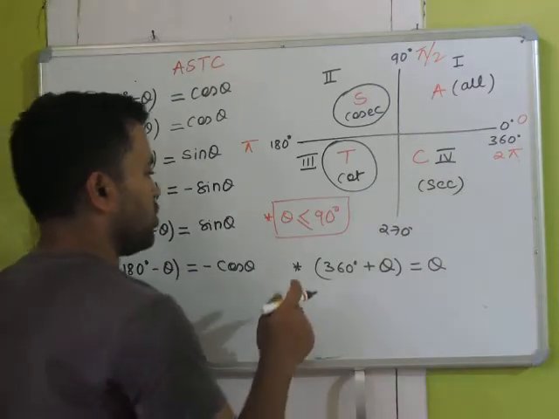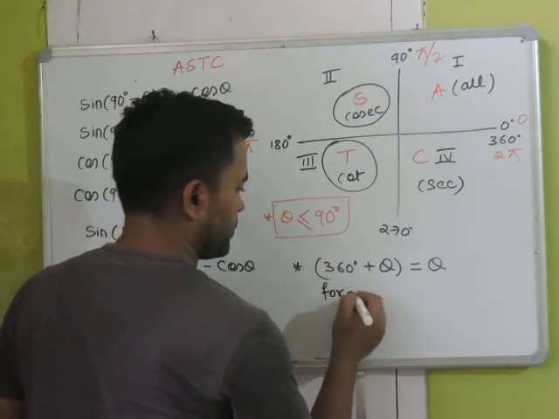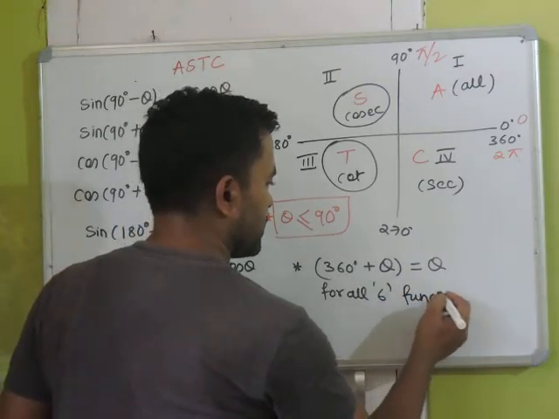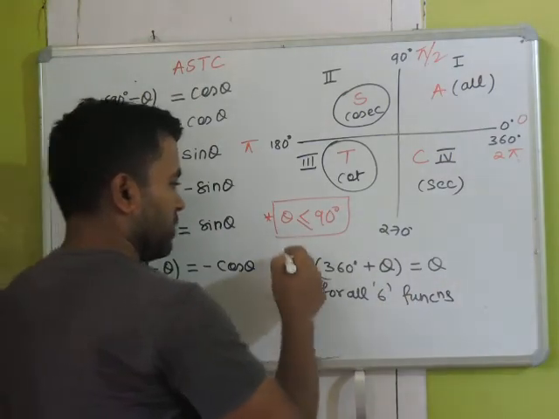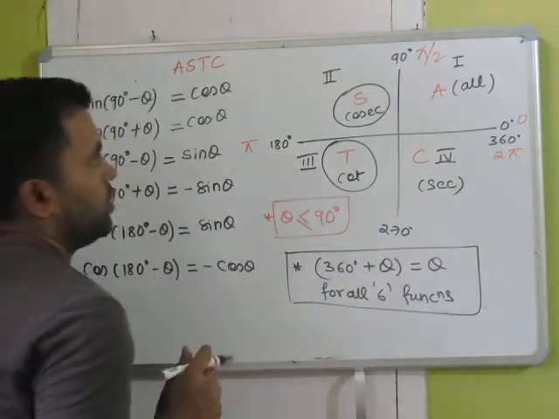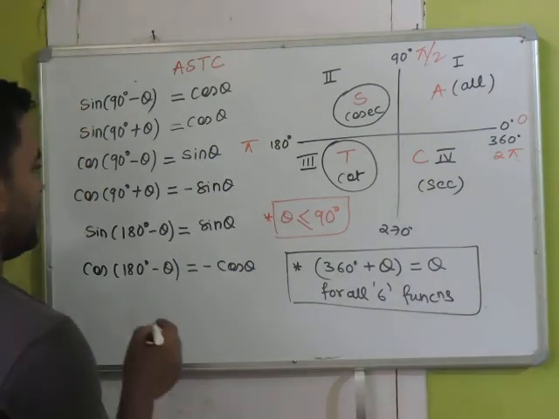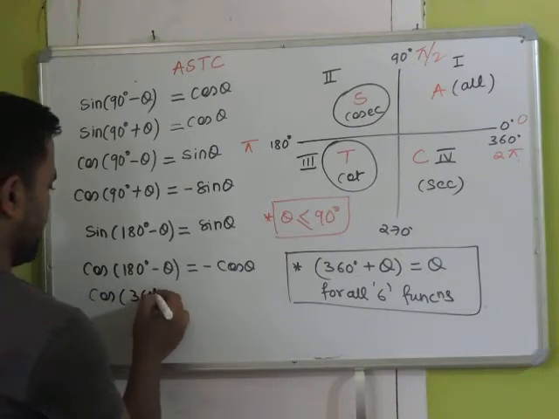This is true for all 6 functions. You just have to write cos, sine or whatever, but they will take the same form. Now what about 360 minus theta? Let us say cos 360 degree minus theta.